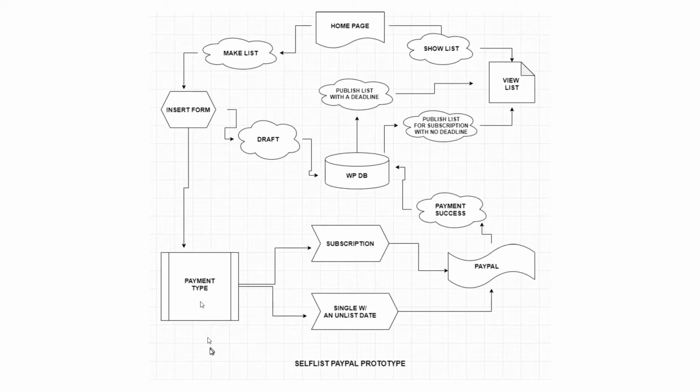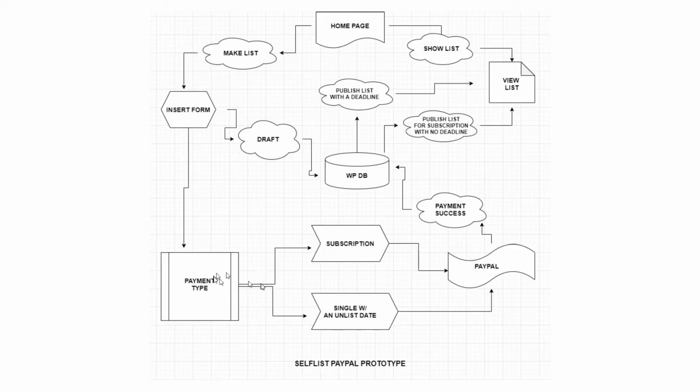Okay, so once this payment type page comes up and we select our subscription or single with a deadline, the transaction goes to PayPal Sandbox, and PayPal successfully finishes that. If it's a subscription, it creates a subscription, and if it is a regular one, it finishes that transaction.